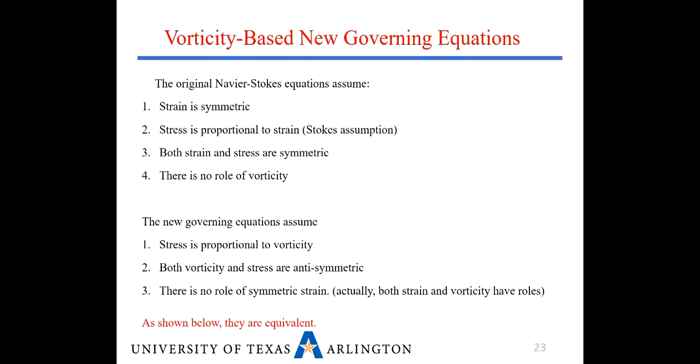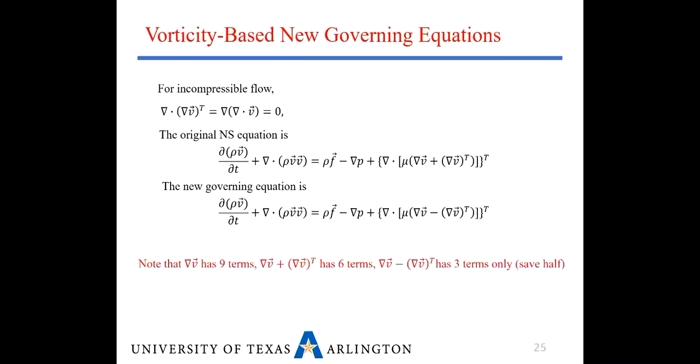Got a question? Yeah. About number four, there is no role of vorticity, but viscous terms can actually be expressed by the rotation vector. So I think the vorticity vector exists in Navier-Stokes. Well, in the Navier-Stokes equations, there's no vorticity.